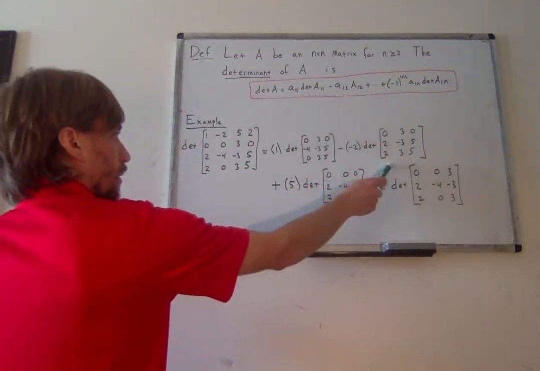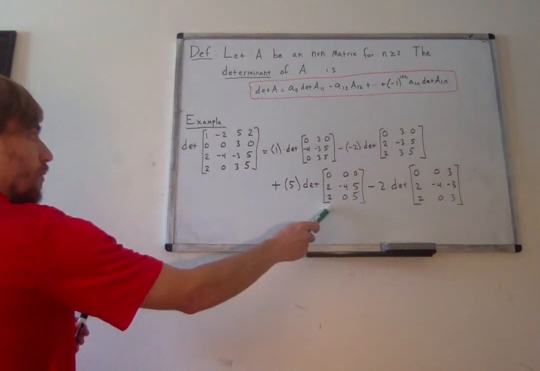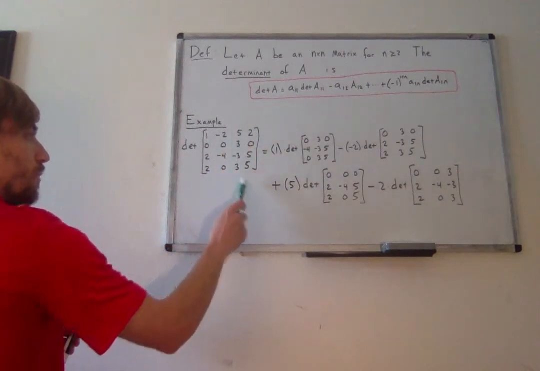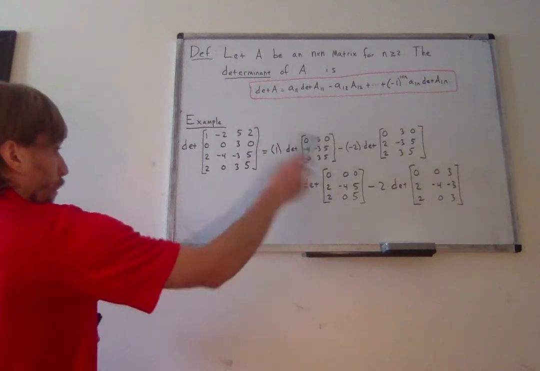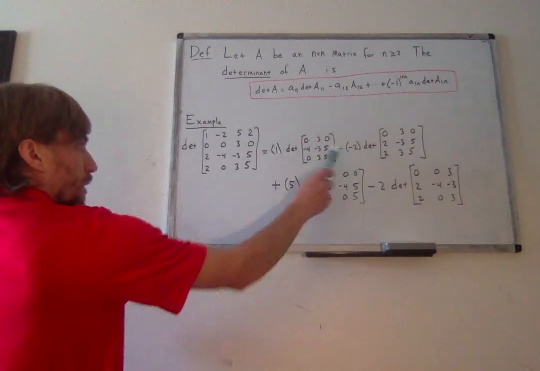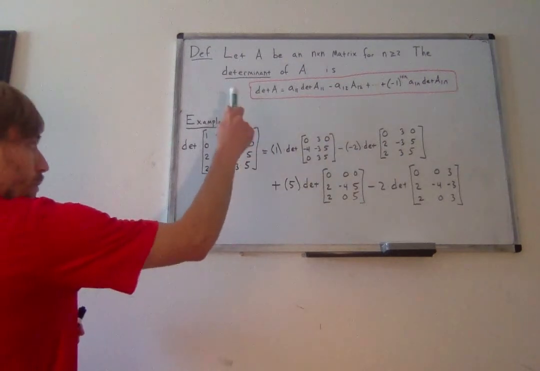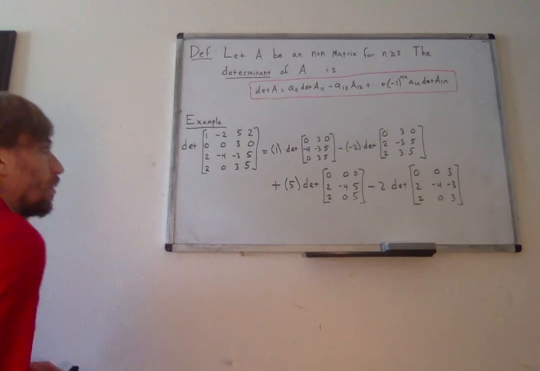So that's here. Next, I do 5 times the determinant of the 3 by 3 matrix where I delete row 1 and column 3. So that's here. And finally, -2, because I have to go plus, minus, -2 times the determinant of the matrix where I delete row 1 and column 4.